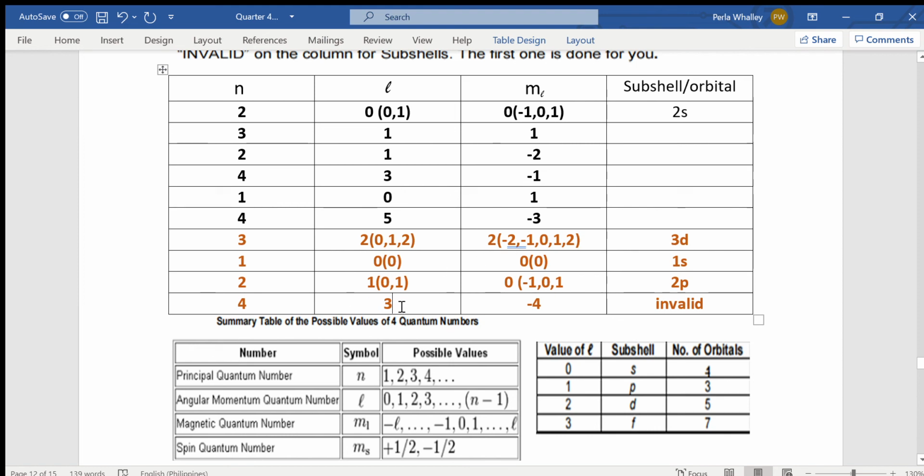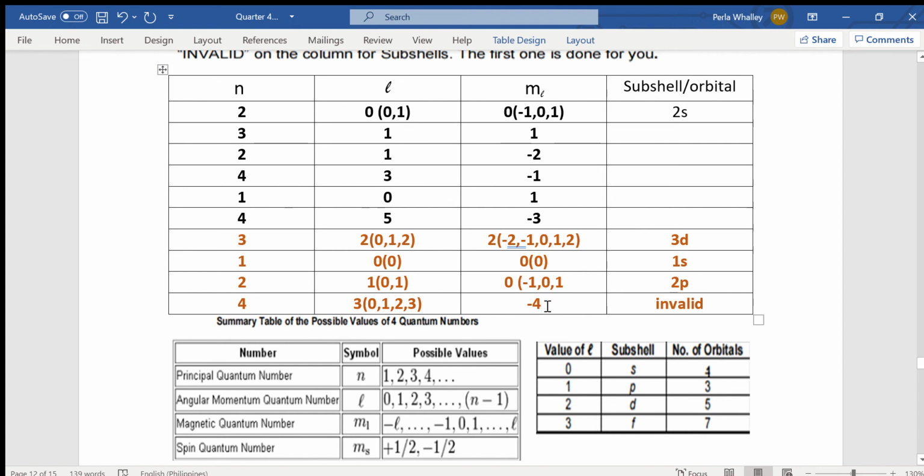Let's go to the last. Is 3 valid? Okay, we'll see. Well, remember we start with 0, followed by 1, and 4 minus 1 is 3. 2 and 3. Okay. Now, is 4 valid?